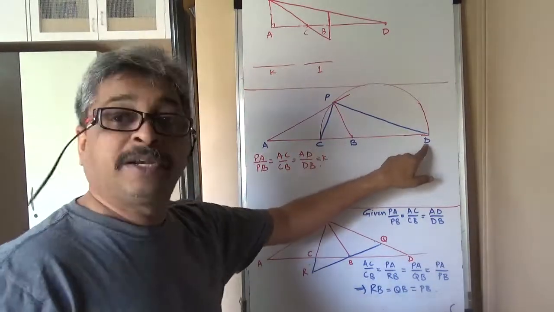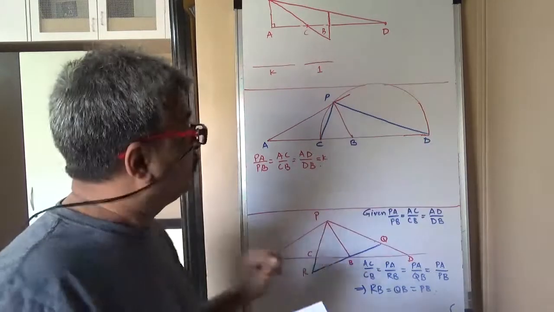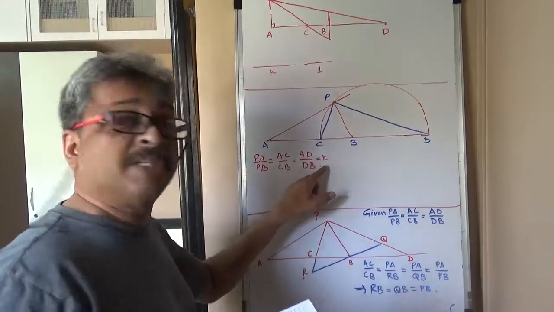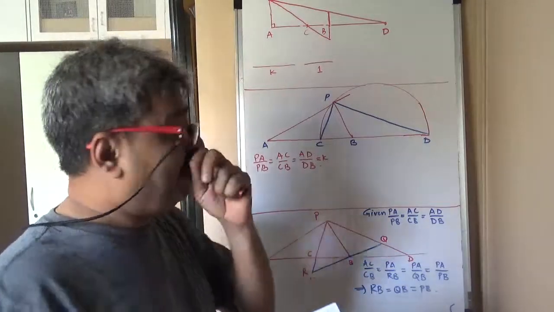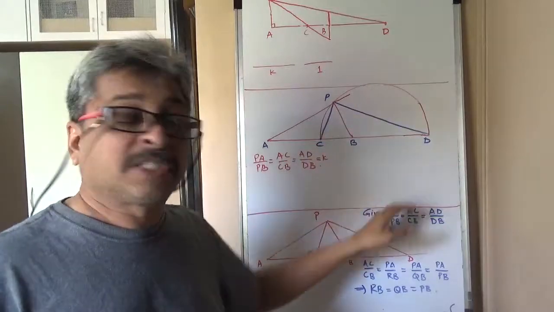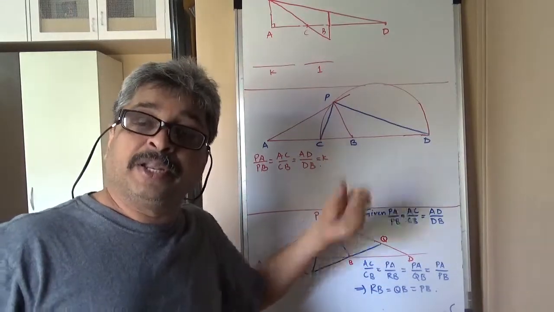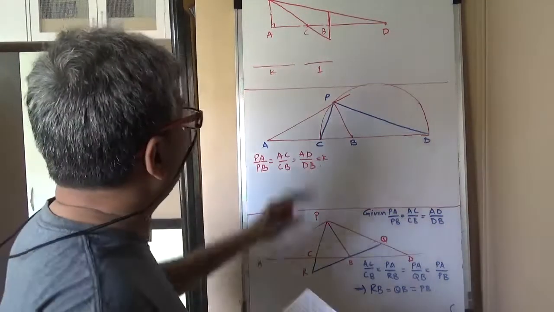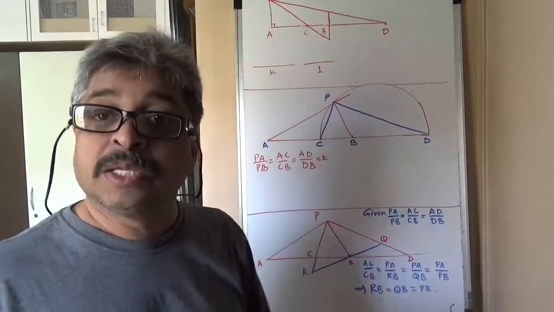I can get point D as the external division, where AD upon DB is equal to K, and then the claim, the Apollonius Circle theorem, says that all the points on the circle with CD as a diameter will also give you the ratio PA upon PB is equal to K.